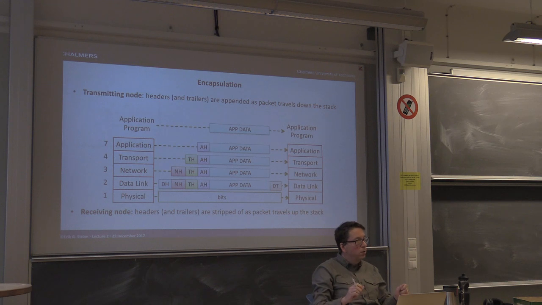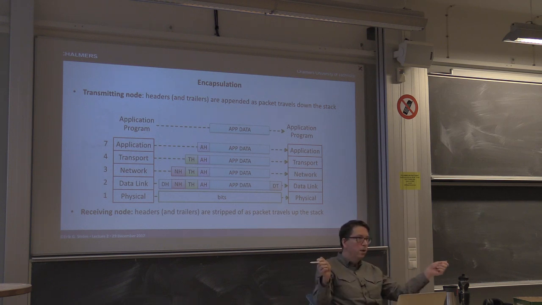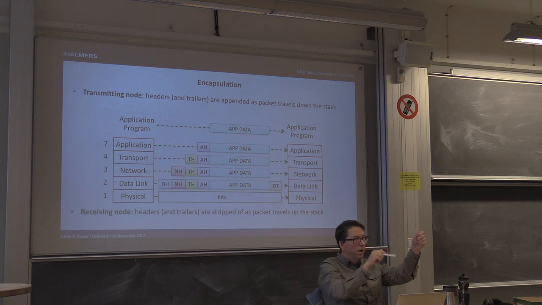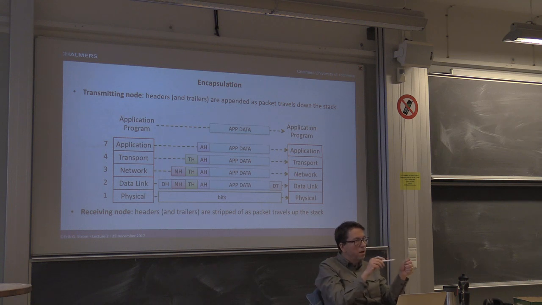And you push that down, and that's put into a new envelope with new headers, another header and so forth. And at the receiving end, you open the envelope, take it out. If it's okay, you push it up. You get an envelope from below, you look at that, is it okay? Then you open it up and push it up.